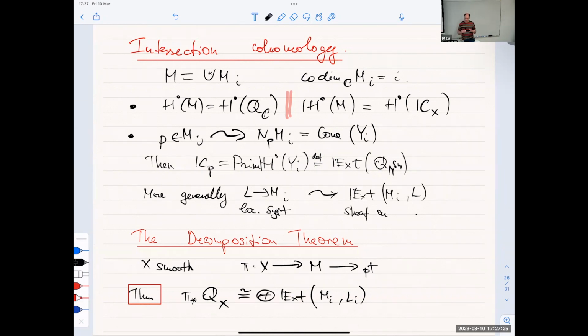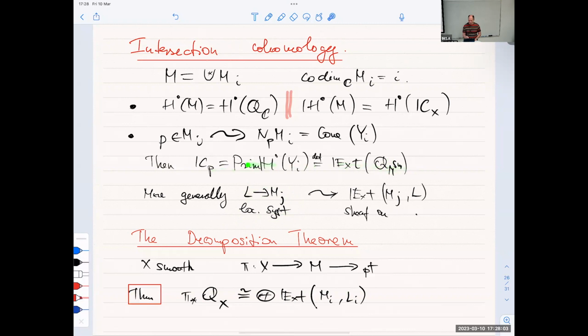And you can define this for a slightly more general situation, which is what I refer to here. Suppose that you have a local system on another stratum, M_J. You can take the trivial sheaf like I did here, this Q_M, but you can actually take any local system on it. It doesn't have to be a trivial local system on the stratum.